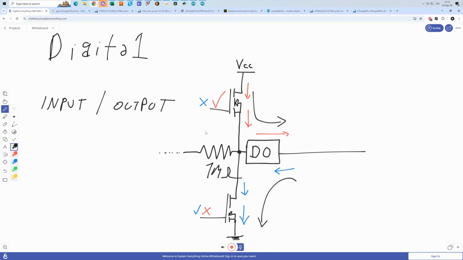This configuration is called a push-pull configuration because it either pulls the current or pushes the current to the digital pin. And this circuit can only be logic high or logic low. There is nothing in between. In some certain configurations we will see later, the situation can be a bit more difficult.